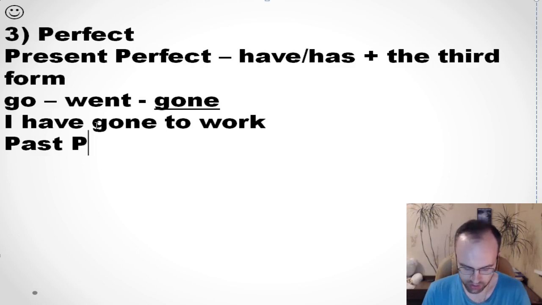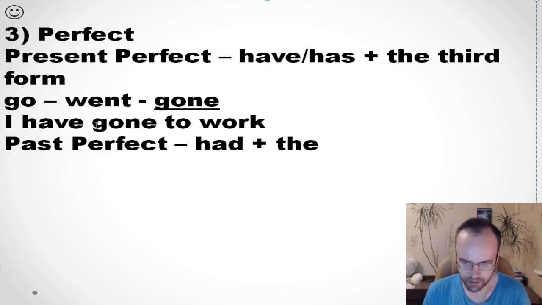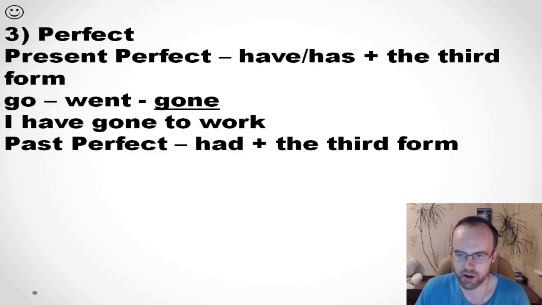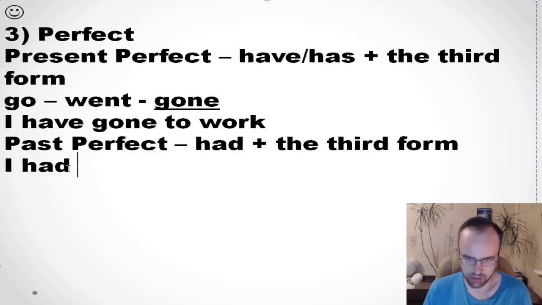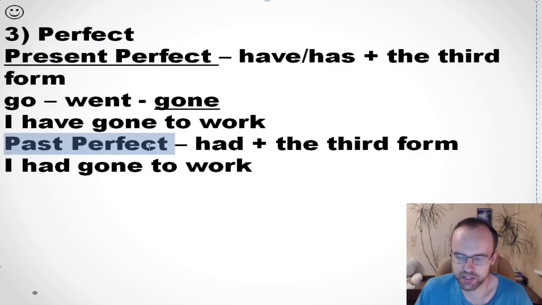Then you need to look at past perfect. So it's had plus the third form, right? So you see, I had gone to work. We mostly see it in complex sentences.